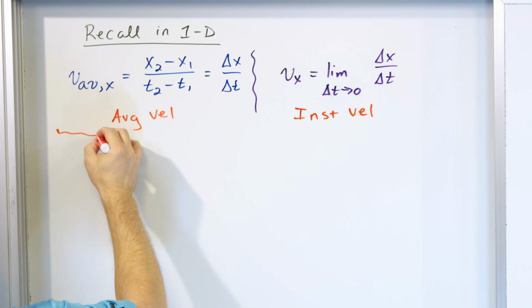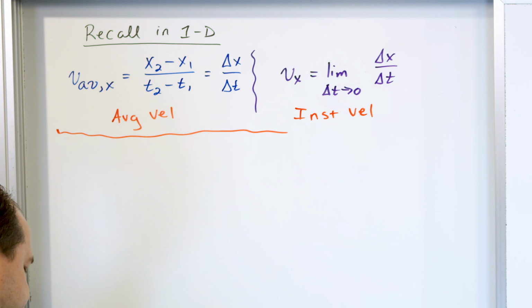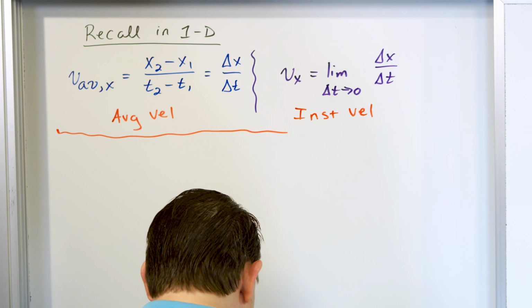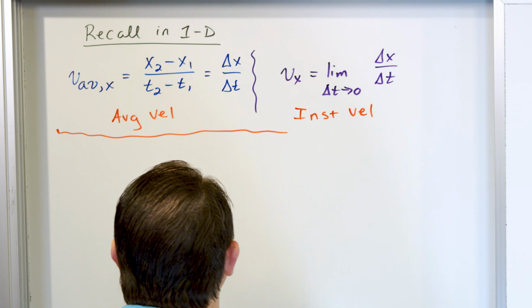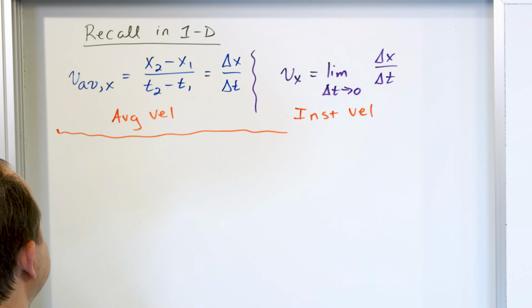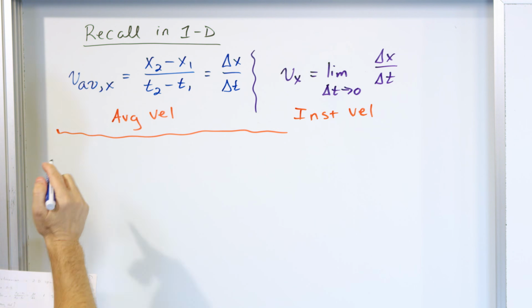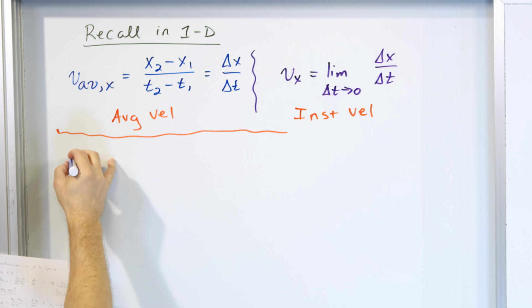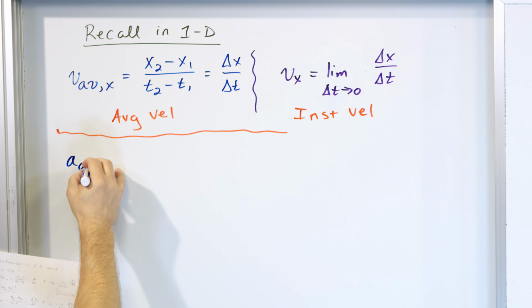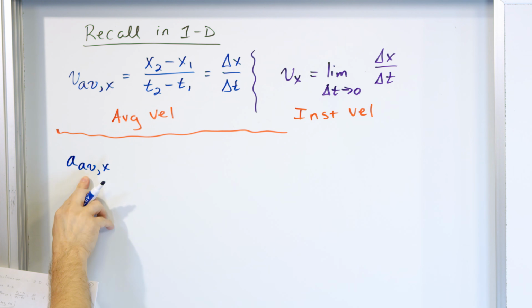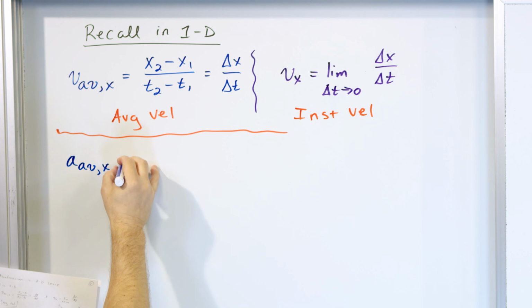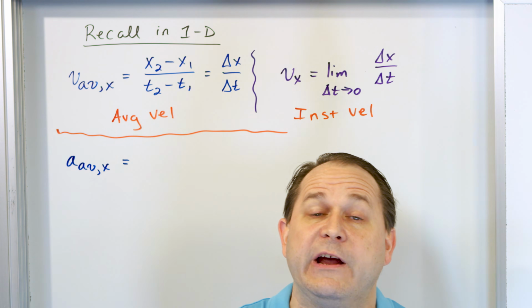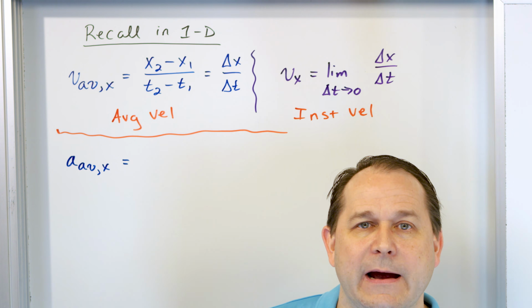Okay, so let me put those aside. All right, now what else have we learned? After we learned how to calculate the average velocity and the instantaneous velocity only in one dimension, then we moved on to acceleration. And we said that the average acceleration in the x direction was, in words, the change in velocity over some time interval.